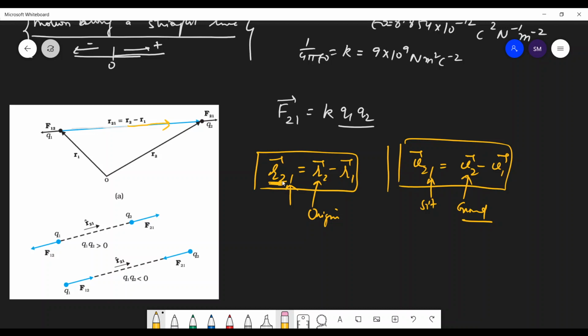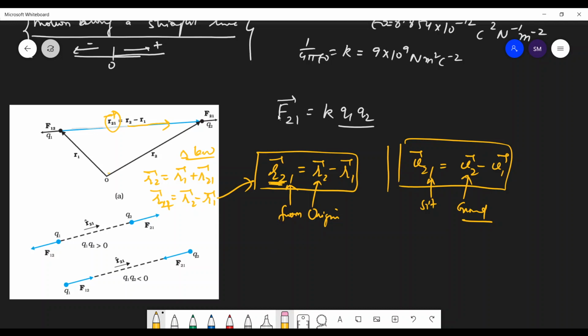Here I am pointing to object 2, the position of object 2 from 1. So from 1 to 2. This is what R21 is. Then by triangle law, R2 is equal to R1 plus R21. This plus this is equal to this. From here, R21 equals R2 minus R1. So this is the same thing.